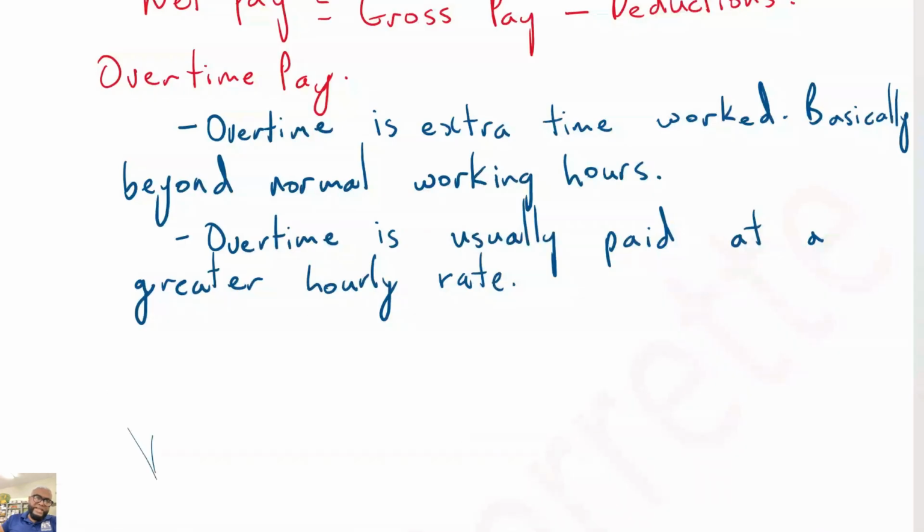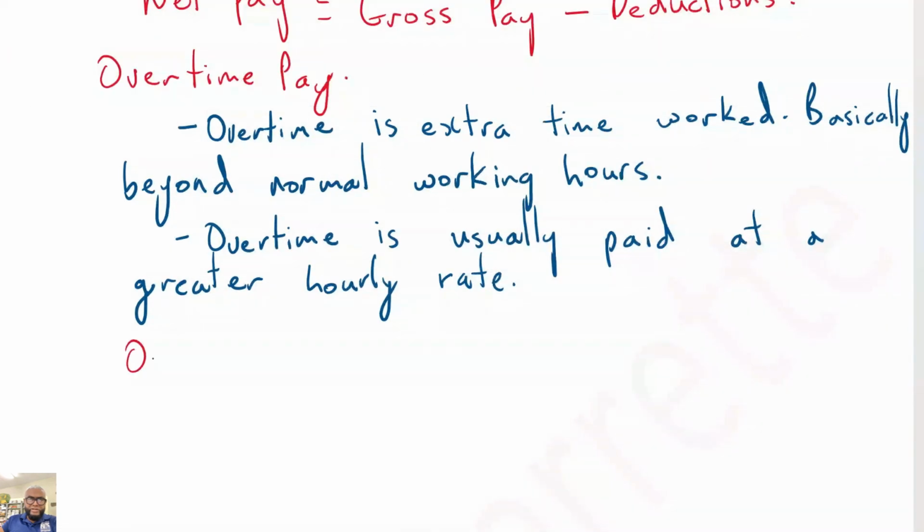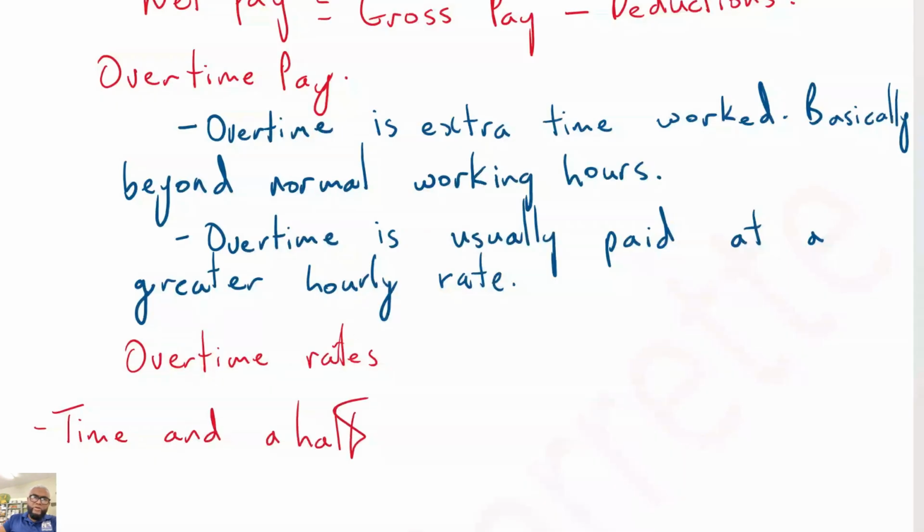So some overtime rates. I'm just giving you two examples, right? Some overtime rates. You have time and a half. How is this calculated?